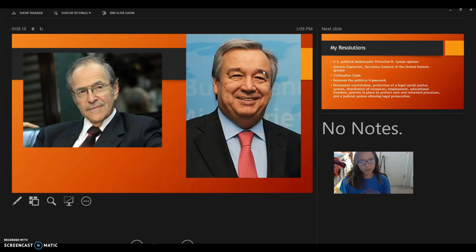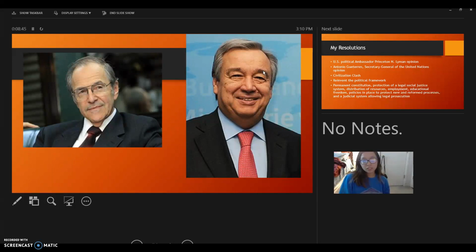He's the Secretary General of the United Nations, who actually came into Sudan, really saw what was going on by going there and understanding what needs to be done. I relied heavily on their opinions because a lot of what they said I agree with, and I think that really needs to be implemented.